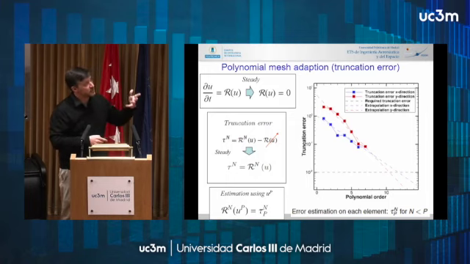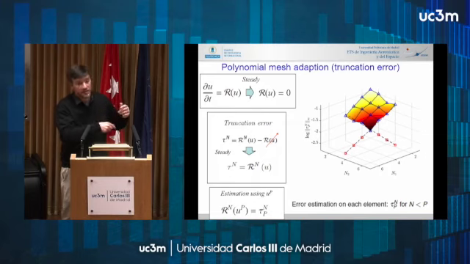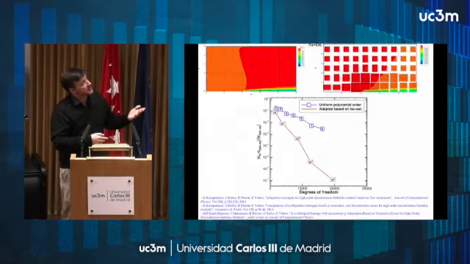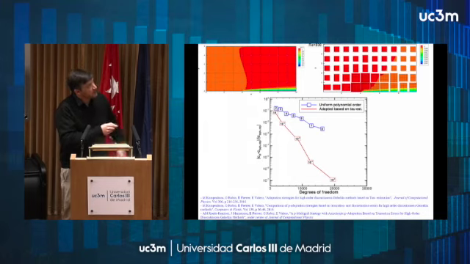And this is how we can select the right polynomial order in each direction. We can do it differently for each direction in our mesh, get the right polynomial order in each direction, and that allows us to select the right polynomial in each direction. When we compare the homogeneous polynomial to having the right polynomial in each direction, what we get is a very fast decrease in degrees of freedom.